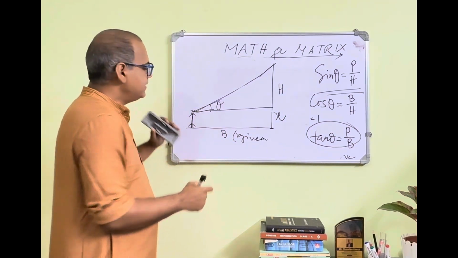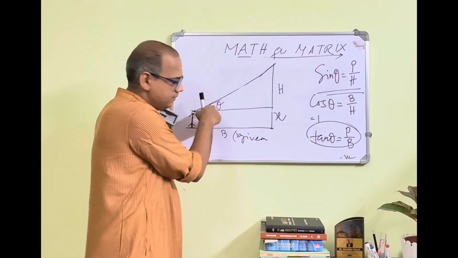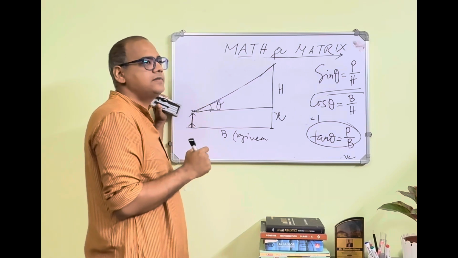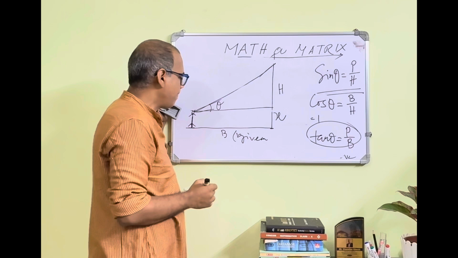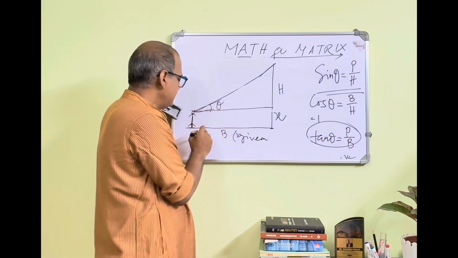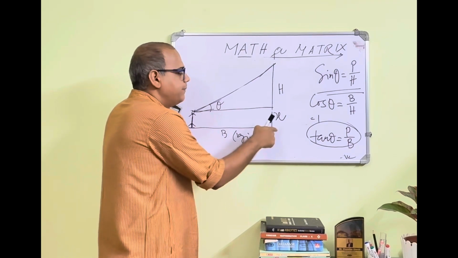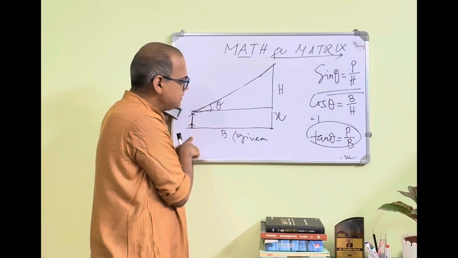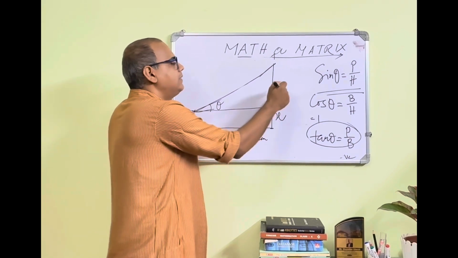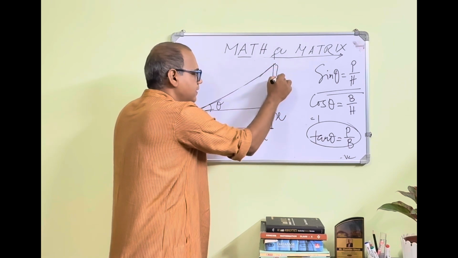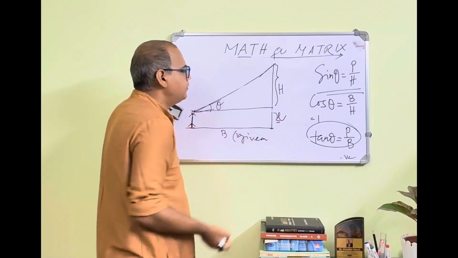So what is given here? This angle is given, the angle it takes to see the top of this Burj Khalifa. B is given, the distance from the base to the person, and the angle. So what do I need to calculate? How will you do that?